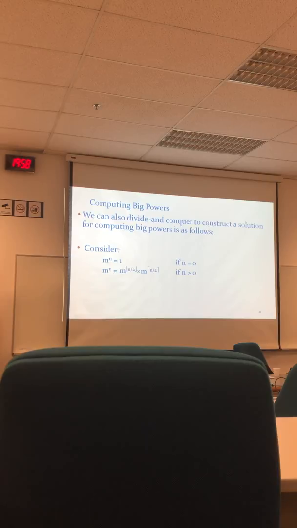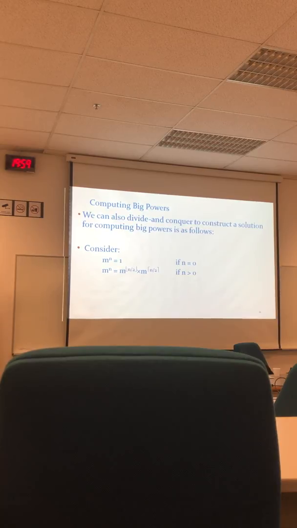Take for example, let's say this one. If we use this formula, 3 to the power 100 will be first 3 to the power floor of 100 divided by 2, times 3 to the power ceiling of 100 divided by 2.